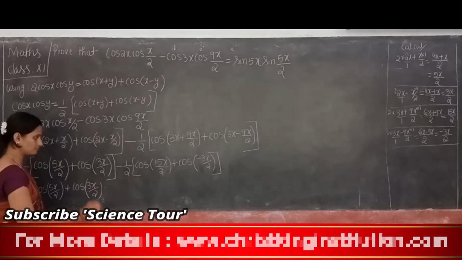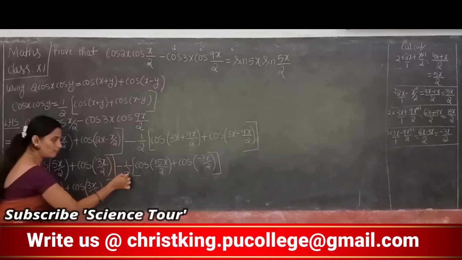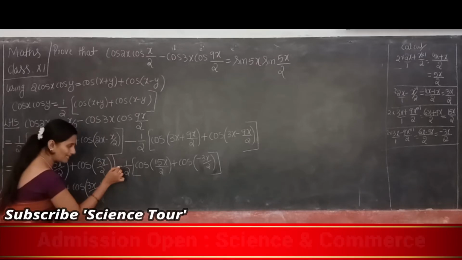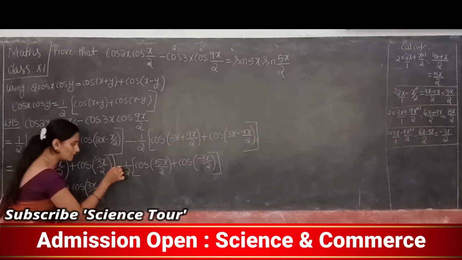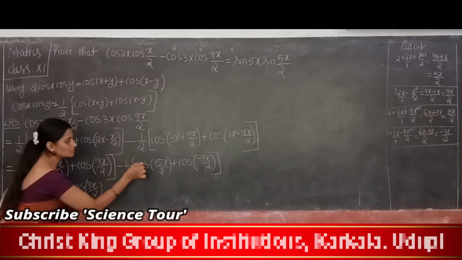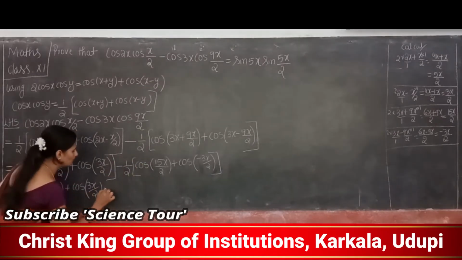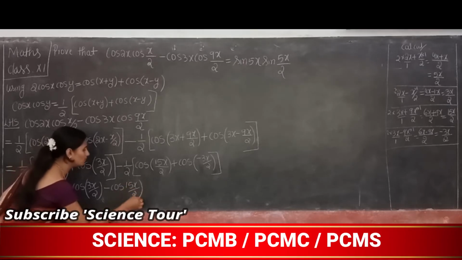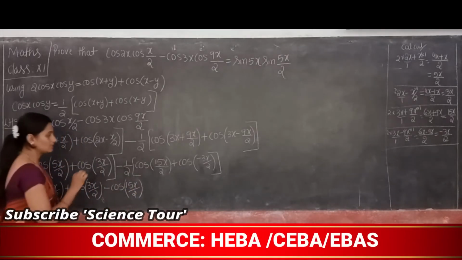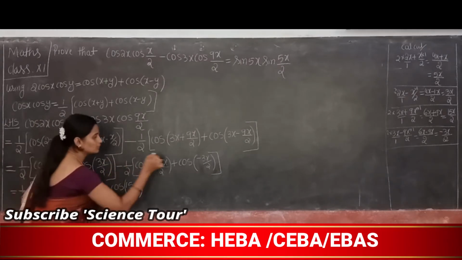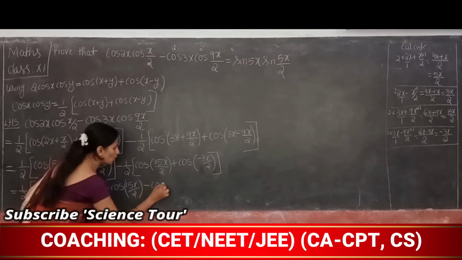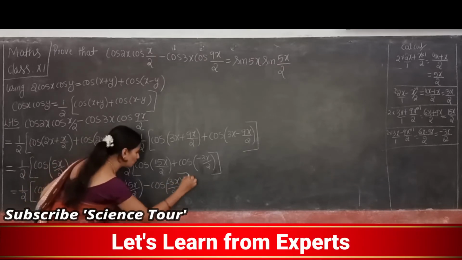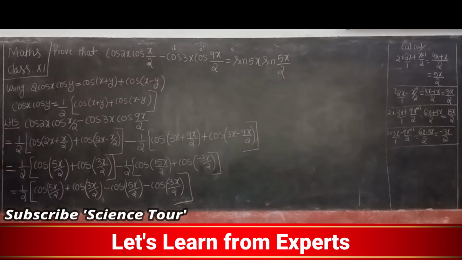Now next, see, half I took outside, correct, no? So now there is no half. Now minus and bracket means it should multiply by minus. So minus into cos 15x by 2 is minus cos 15x divided by 2. Is it right? Yes. Now next, minus into plus is minus cos 3x divided by 2, and this single bracket, close it.